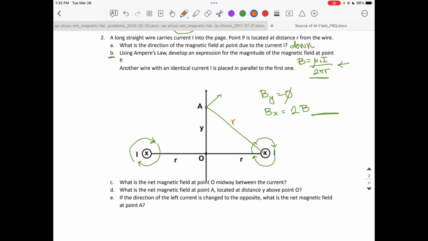We can call that the square root of r squared plus y squared. And it has a directional vector of value 1, r hat. This r hat, because it creates a magnetic field, the magnetic field B is going to be perpendicular to r hat because it's tangent to that magnetic field circle. And then we have to analyze how we can get this component here.